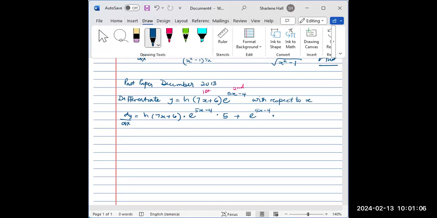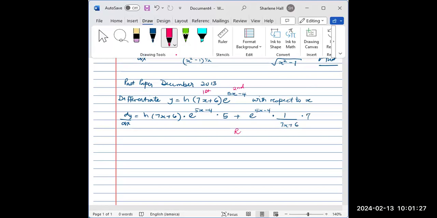Not 7. Remember, when we differentiate the logarithm, the differential of ln x is 1 over x. So it's going to become 1 over 7x minus 6, and then I'm going to times it by the differential of the function, which is the 7. So that's your answer now, right? So 7 is right there.